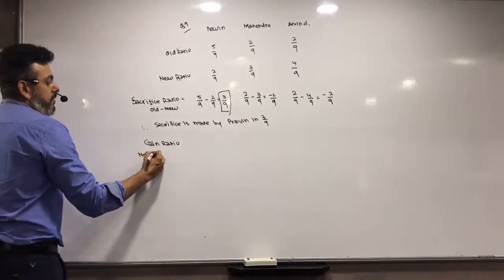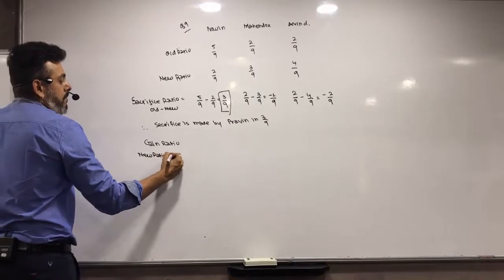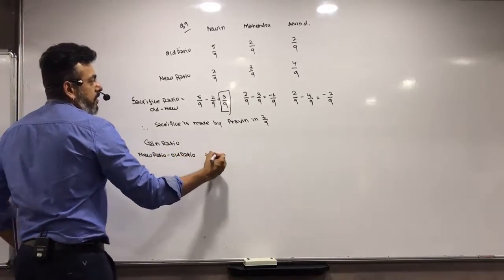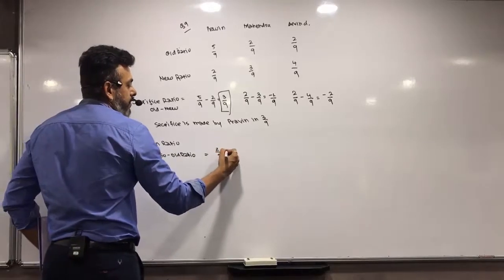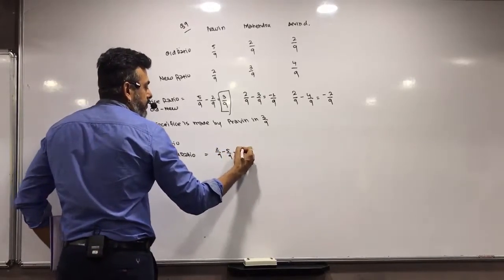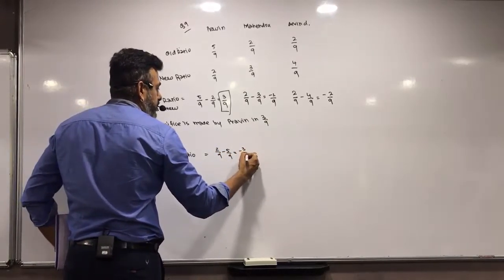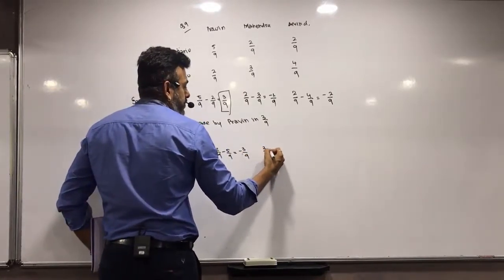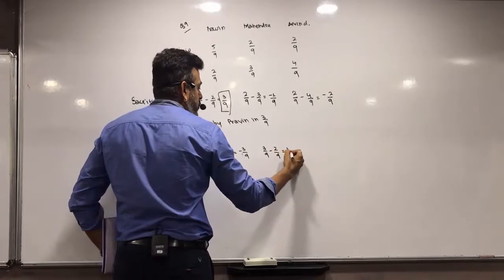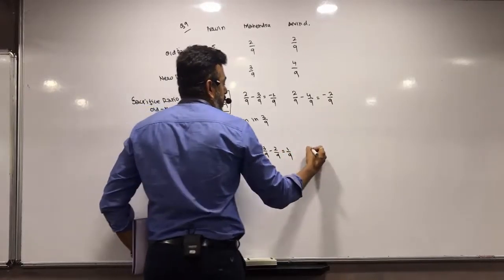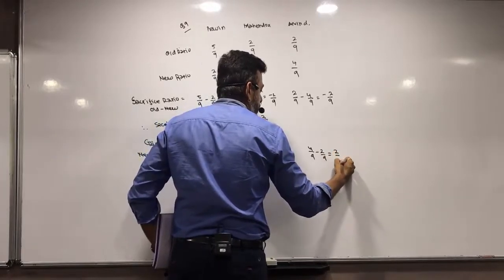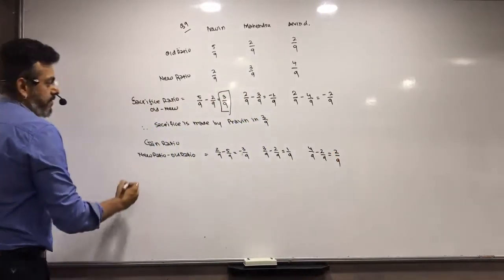Now gain ratio, it will be similar, just reverse the signs. New ratio minus old ratio is equal to 2/9 minus 5/9 is minus 3/9. Again 3/9 minus 2/9 is equal to 1/9, and 4/9 minus 2/9 is equal to 2/9. Again, sacrifice.